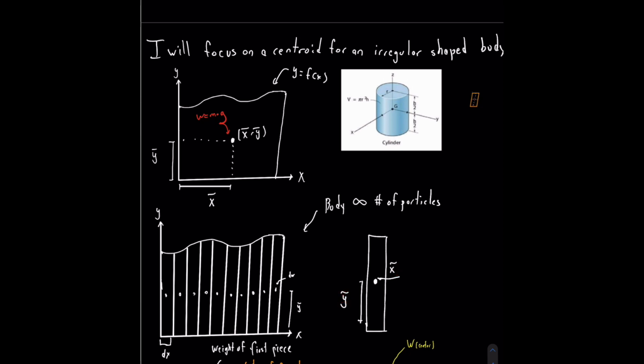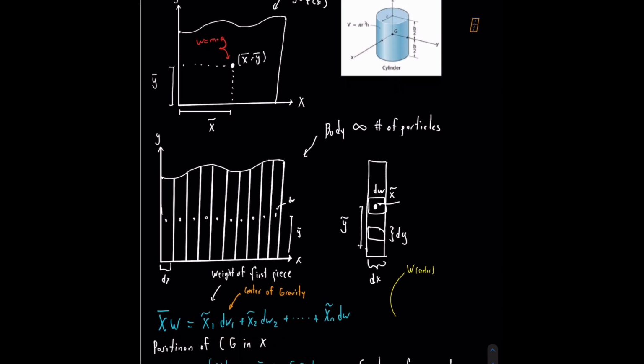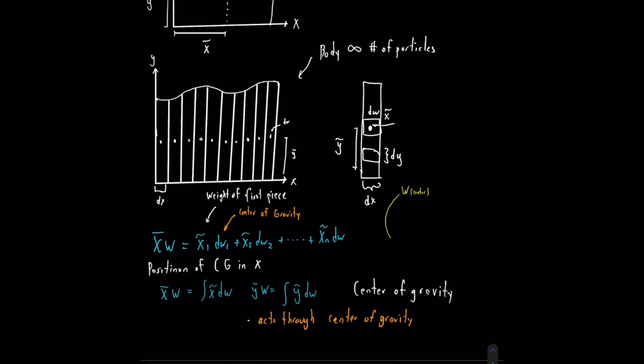And these are to know that you're looking at an infinitesimal small weight dw. Here, you could say this is an infinitesimal small dx, and you could take an infinitesimal small dy.